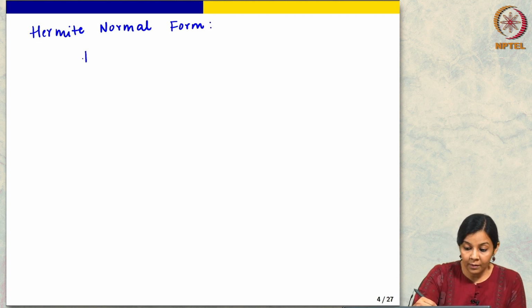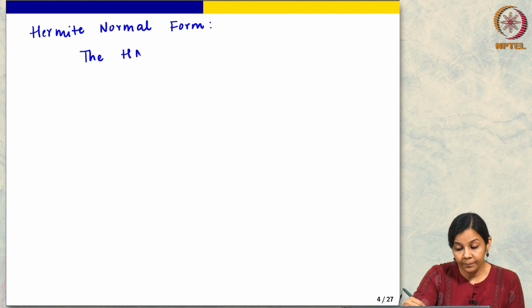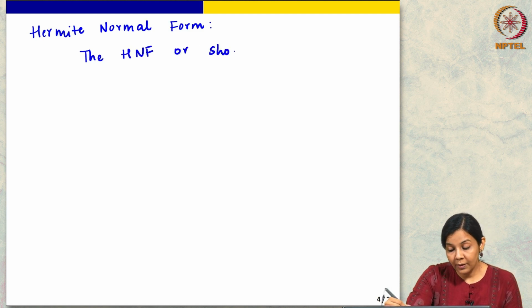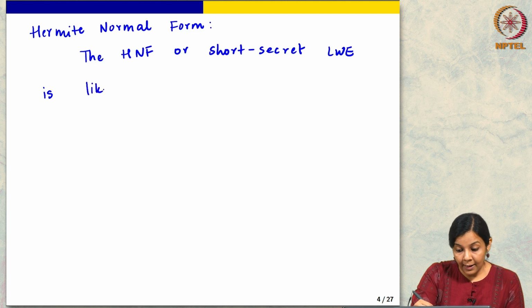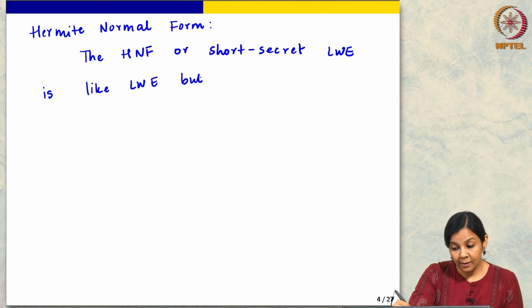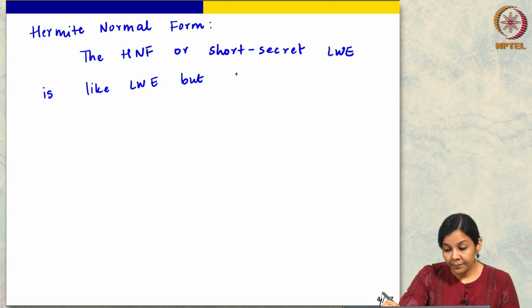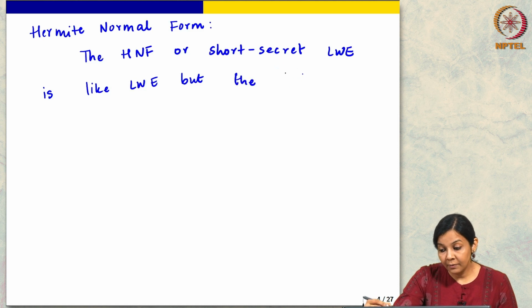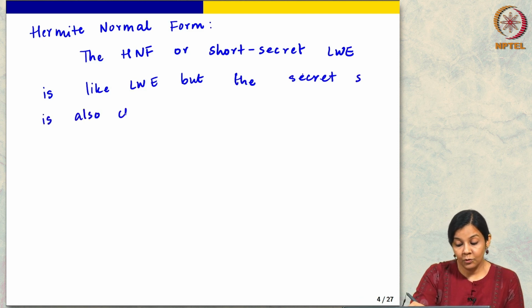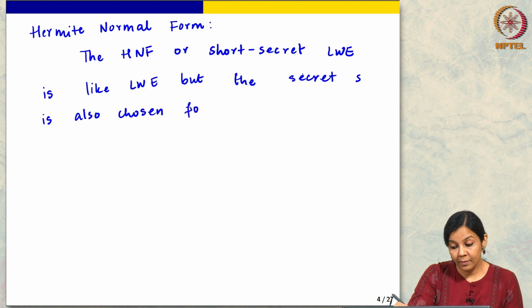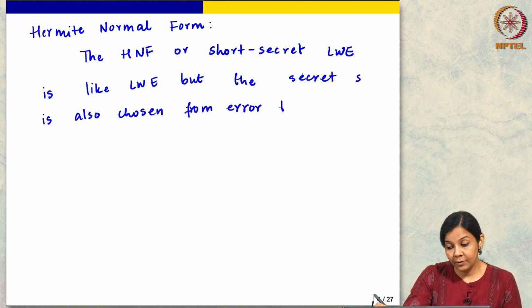The Hermite normal form, or we can also call it short secret LWE, is like LWE, but with the difference that the secret S is also chosen from chi, from the error distribution chi.